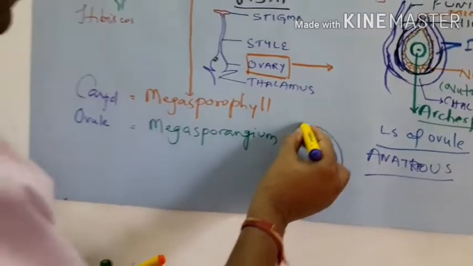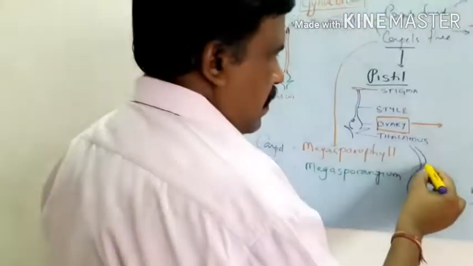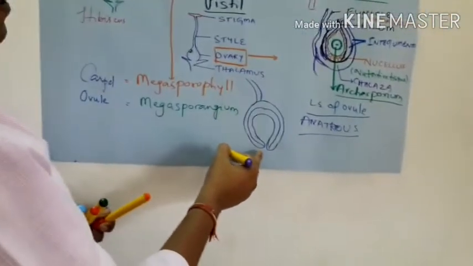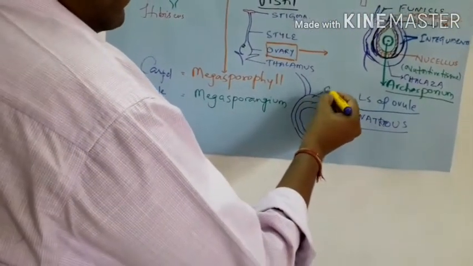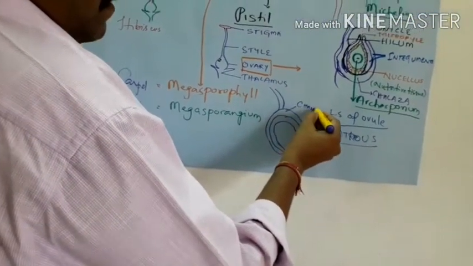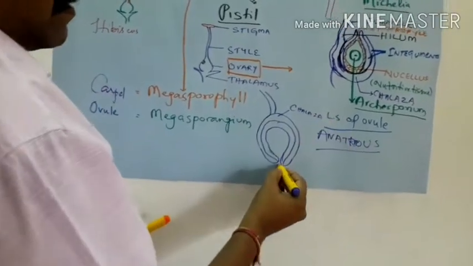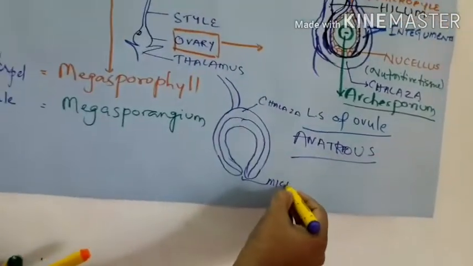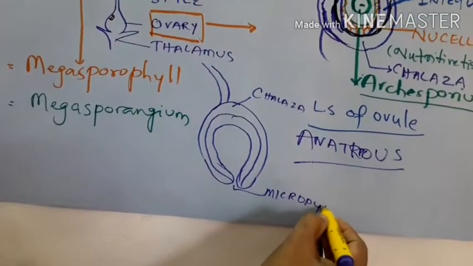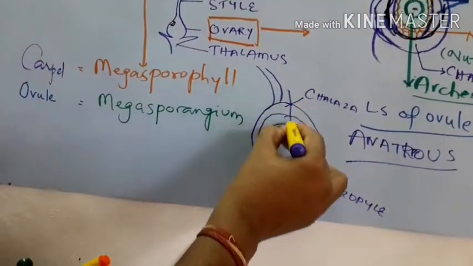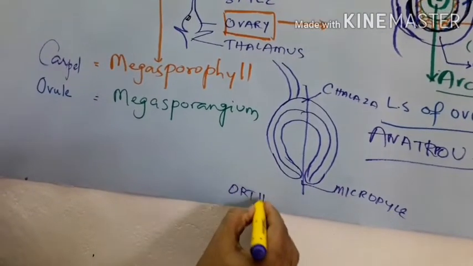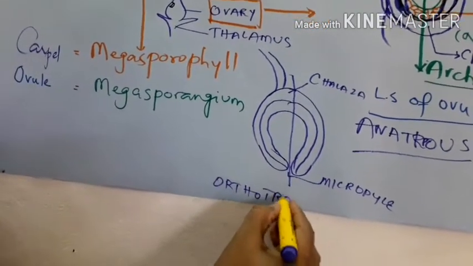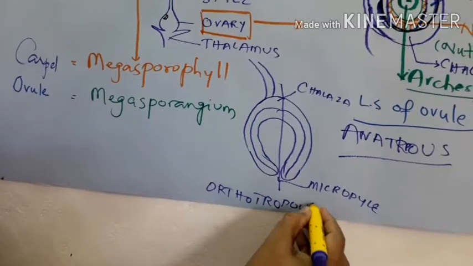And you find the funicle is present here, far away from this. This is the chalazal end, and this is the micropyle. The ovule is present like this, all in a straight line. Then this is called an orthotropous ovule.